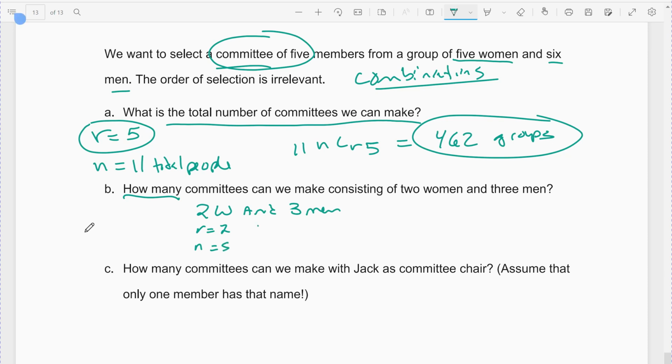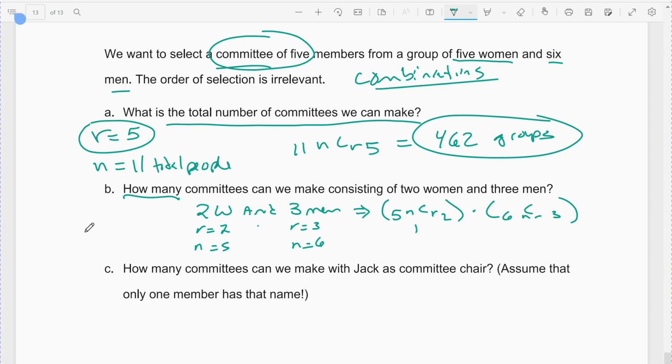And then, so we're going to multiply, I'm picking 3 men from a total of 6. So it's 5 choose 2, that's the women part. And, so we multiply, 6 choose 3, that's the men part. So choosing 2 women out of 5, choosing 3 men out of 6.